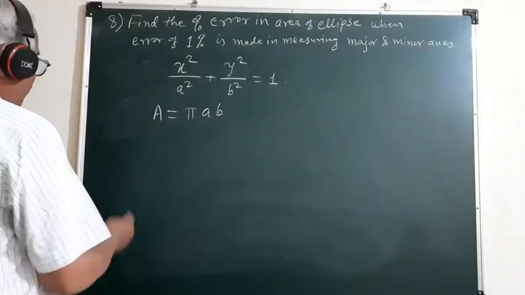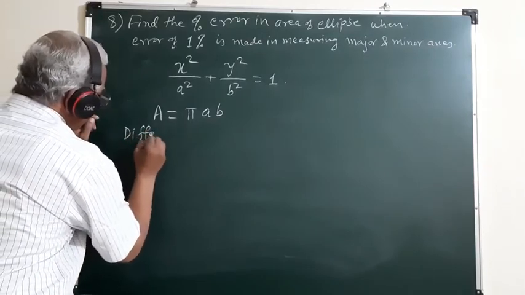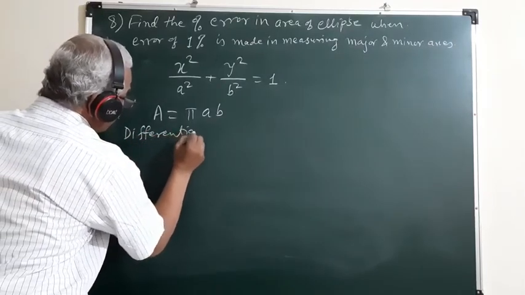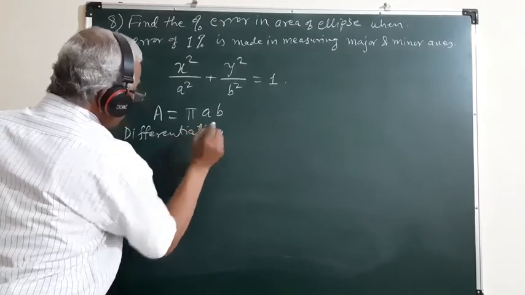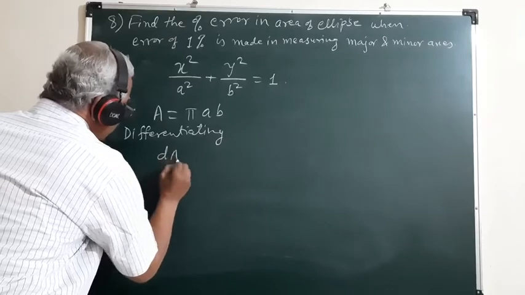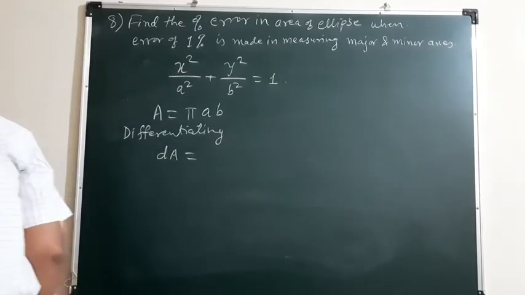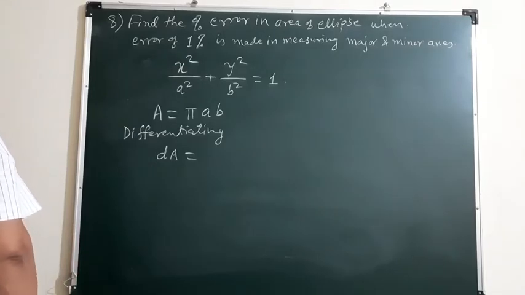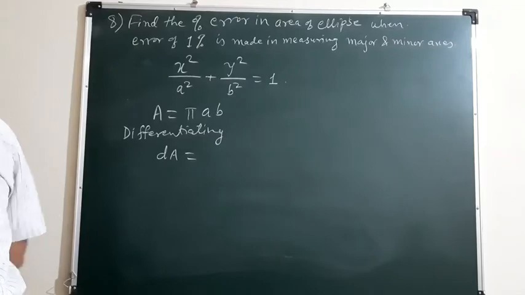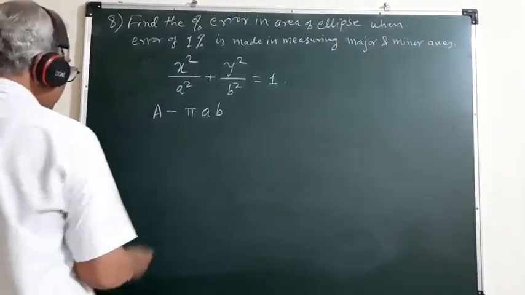Now if we differentiate this expression, we get dA is equal to... one minute. Before differentiating, we should take the log on both sides.